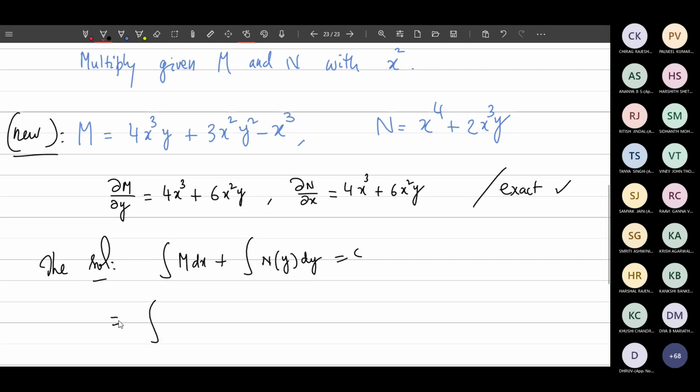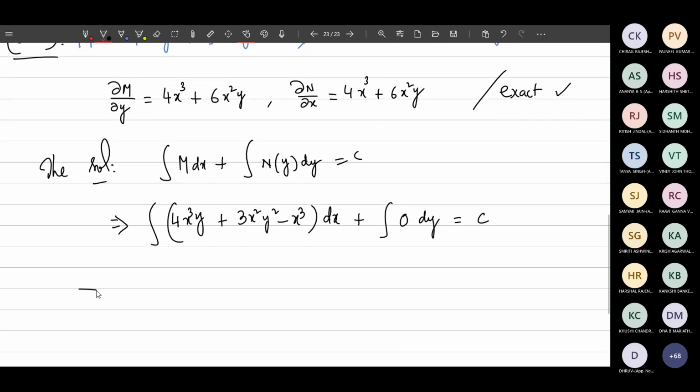So this is integral m, the new value of m, 4x cube y plus 3x square y square minus x cube dx plus the terms in n without x. Terms in n without x means integral without x. That means there are no terms without x, because in the first term we have x power 4, in the second term 2x cube y, therefore 0 dy equal to c.